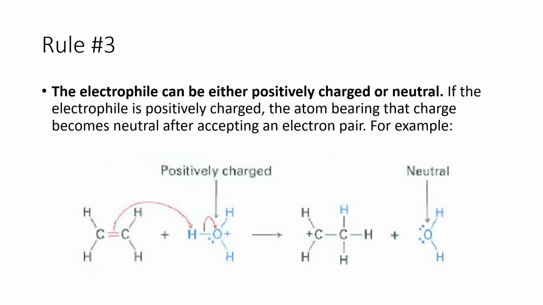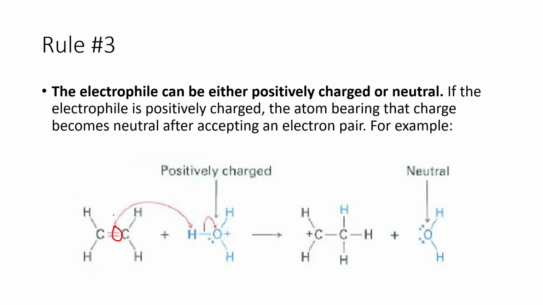Rule 3. An electrophile can either be positively charged or neutral. If the electrophile is positively charged, the atom bearing that charge becomes neutral after accepting an electron pair. So we are now talking about electrophiles. Again, in this reaction, ethylene is neutral.